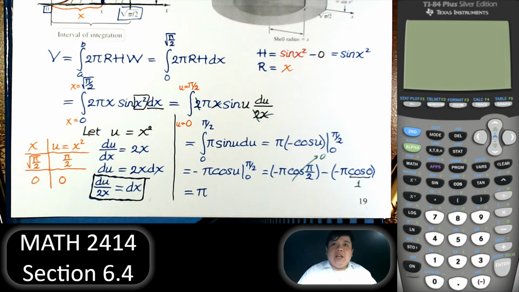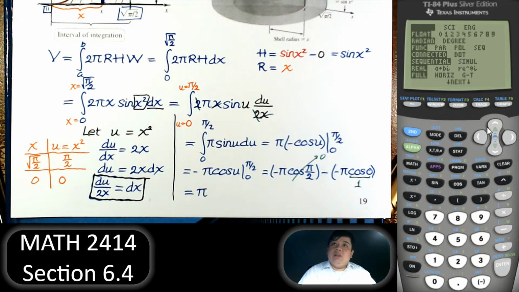Because we have a calculator here, why don't we just check? Make sure it is in radian mode. Alright, it's good. Math number 9, going from 0 to square root of pi over 2. Here we have 2.